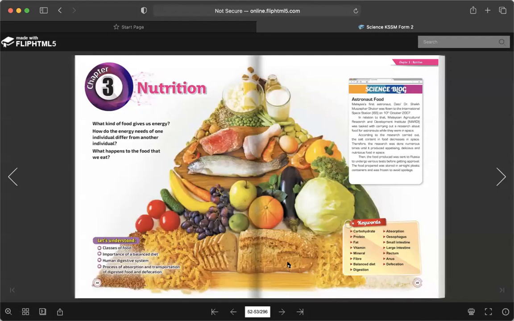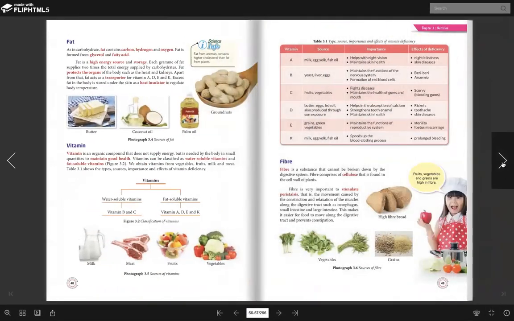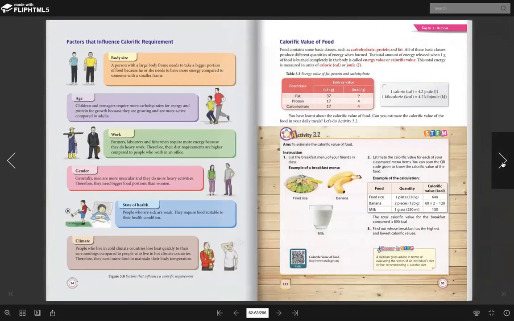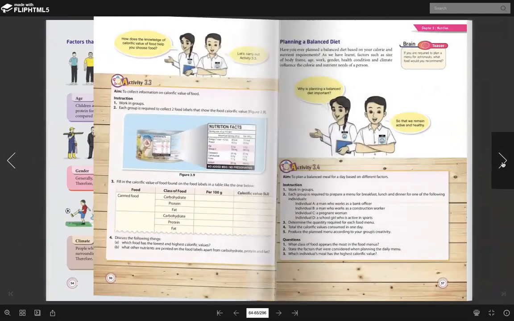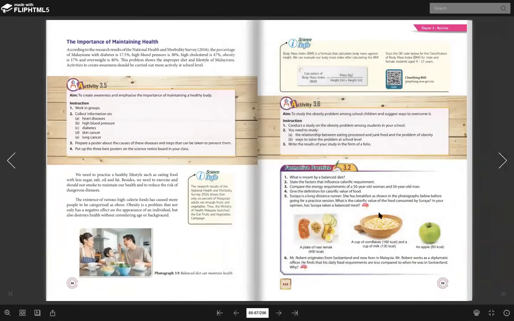Okay, today we are going to continue our lesson, which is nutrition part 2. So, let me set up first. Okay, guys, last week we stopped at this page, right?